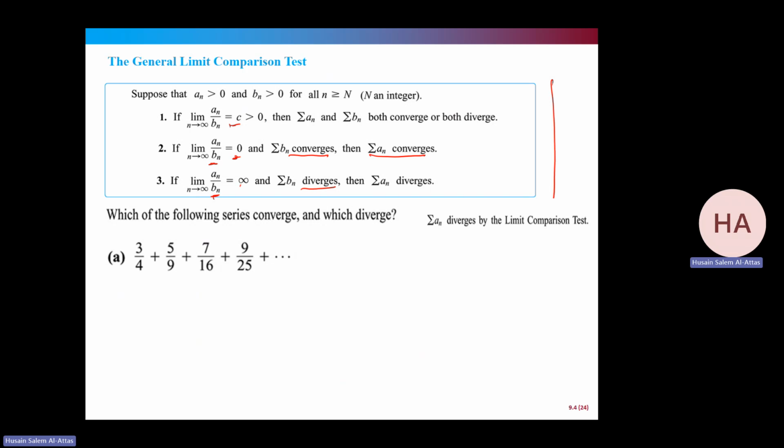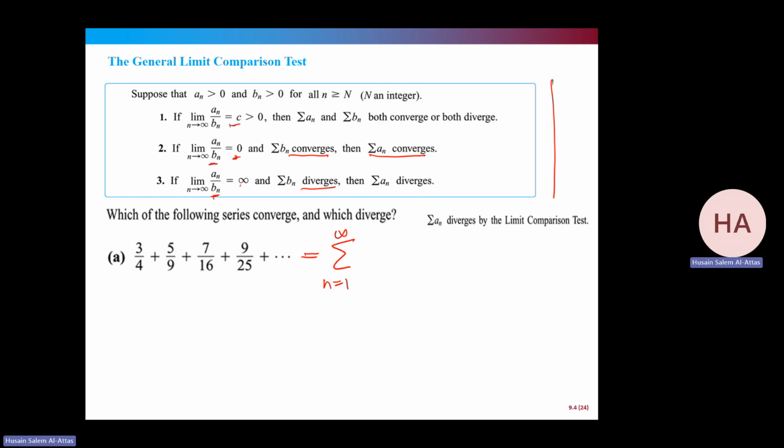Okay, sometimes it will give you the series not written in terms of n, so we need to rewrite it again. Okay, look at this one. If I want to make the n term, it will be summation, let me say n equals 1 to infinity.